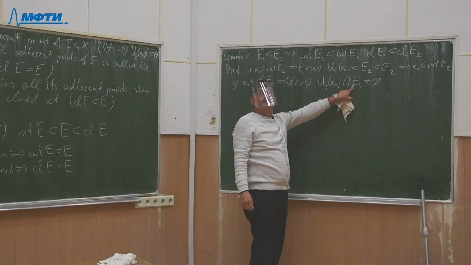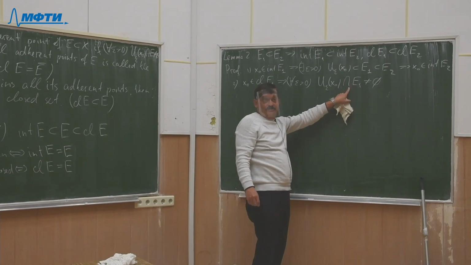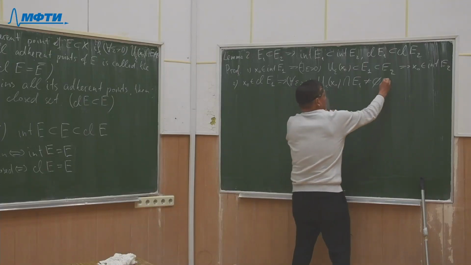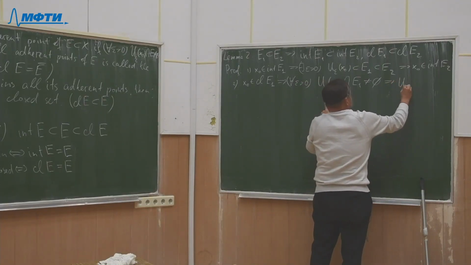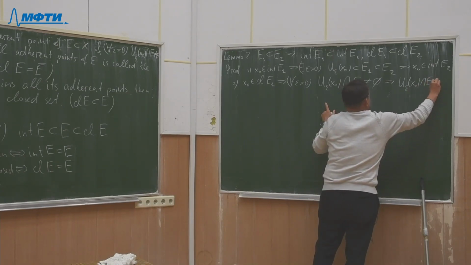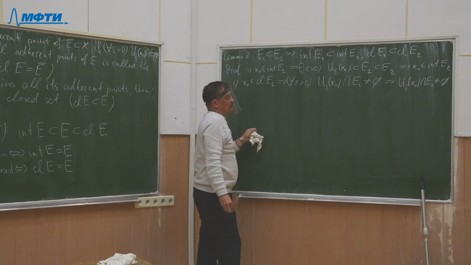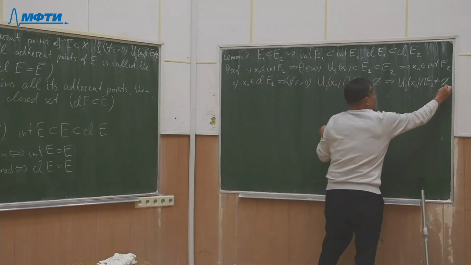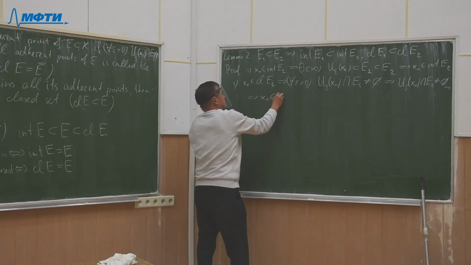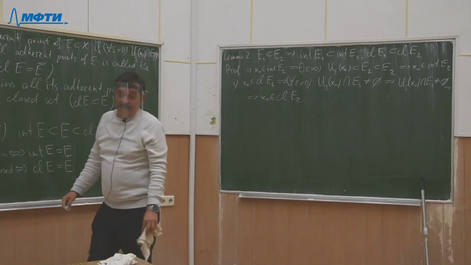The intersection with the smaller set is non-empty, so for sure the intersection with the larger set is also non-empty. So we obtain that the intersection with the larger set is non-empty as well, and it means that x naught is a point of the closure of E2. That's it. Okay.